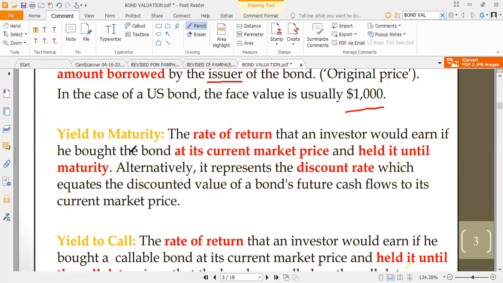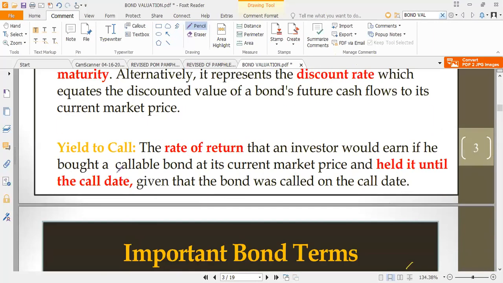So the yield to maturity is in fact the discount rate which equates the discounted value of the bond's future cash flows to its market price. The yield to maturity is simply the discount rate, the rate at which the discounted value of the bond's future cash flows is equated to its current market price.